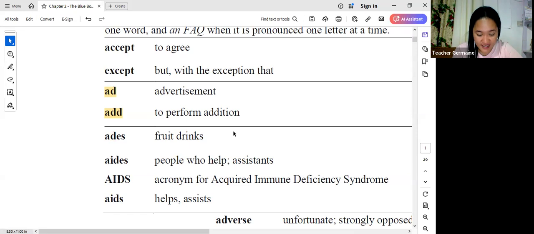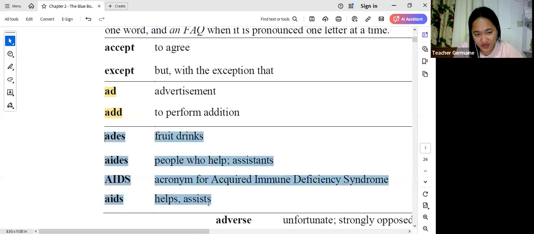What are the 4 words, kids? Maybe Josephine, Shitya, Clara would like to answer. What are the next 4 words that we are going to discuss?